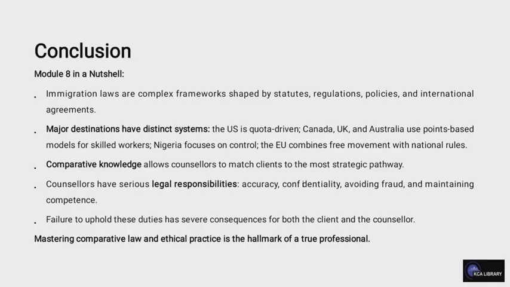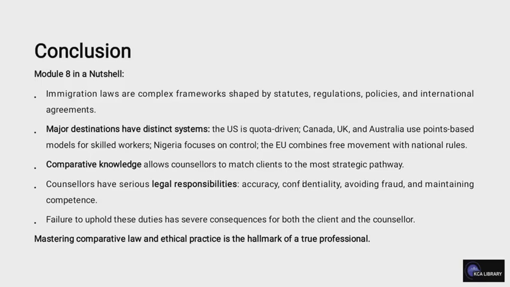In conclusion, immigration laws are complex frameworks shaped by statutes, regulations, policy, and international agreements. Major destinations have distinctive systems: the US is quota driven. Canada, the UK, and Australia use points-based models for skilled workers. Nigeria focuses on control.